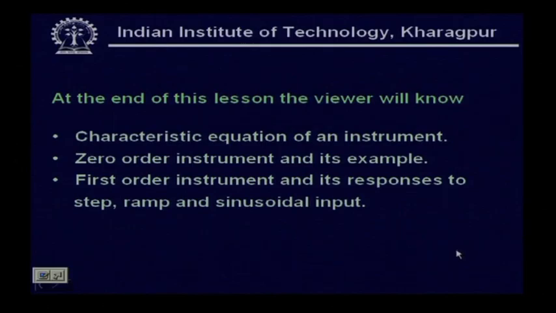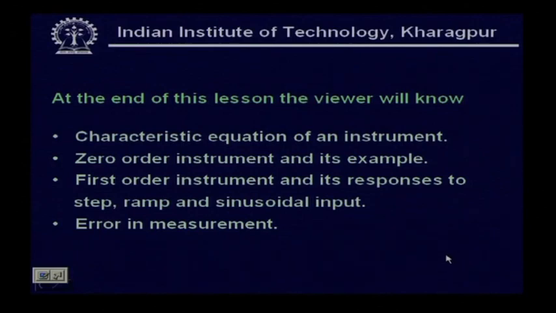In instrumentation systems, you will find that most of the time we face these three different inputs. Even though ramp input is not very usual, the input is often sinusoidal instead. However, we will consider the ramp input also. Sinusoidal input is very common, like ambient temperature variations, and in some biomedical applications we will find this type of input.